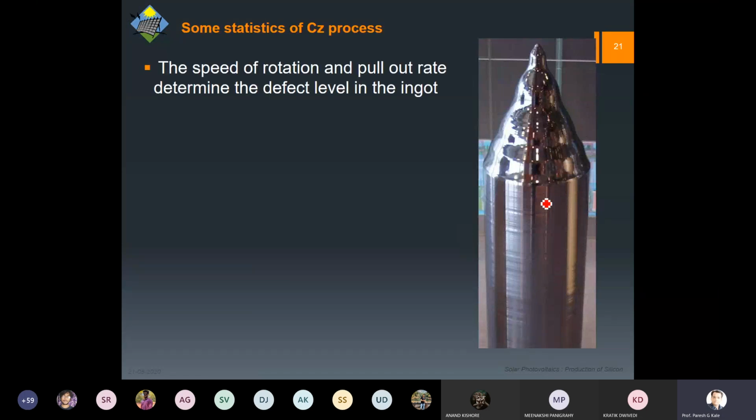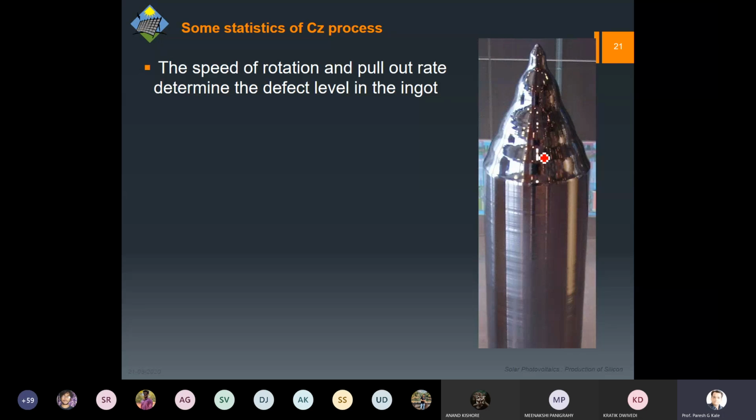Let me give you some statistics about this. The speed of rotation and the pull-out rate determine the defect level. If we do it too fast, there will be a lot of defects. However, if we pull it too slow, the production rate will be very slow. So this determines the cost of the wafer itself. You have to optimize at every point.